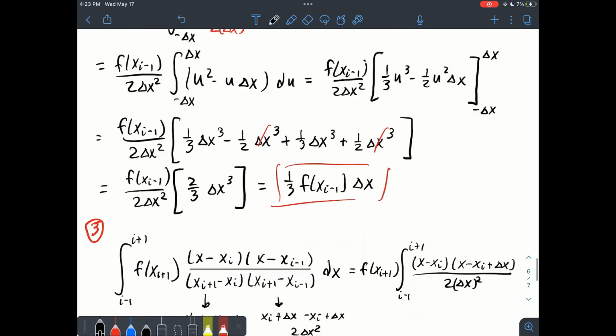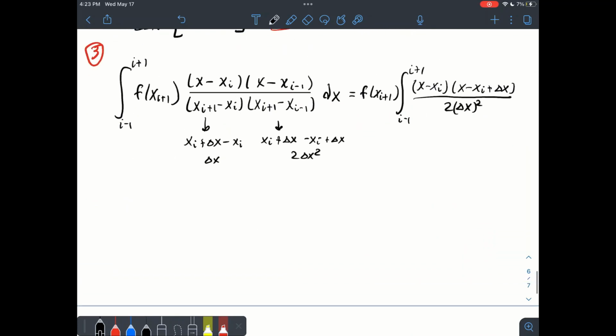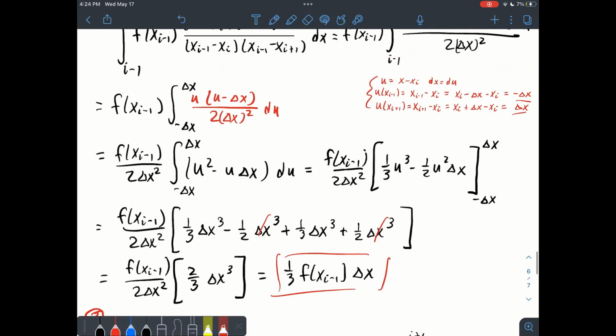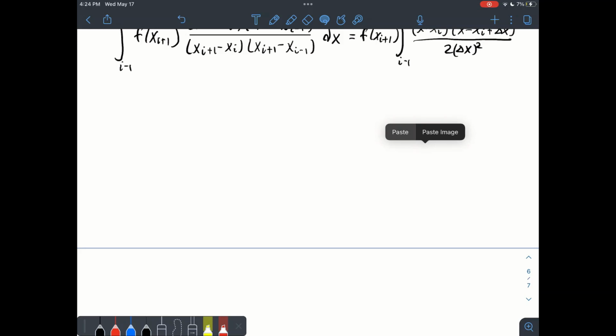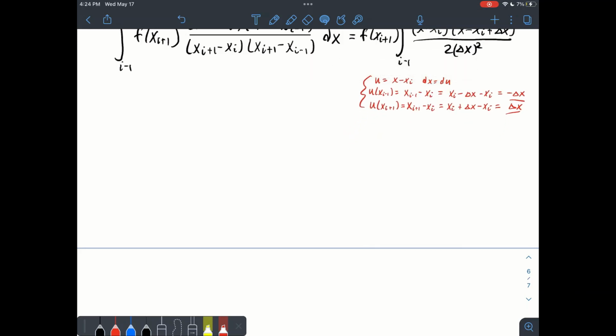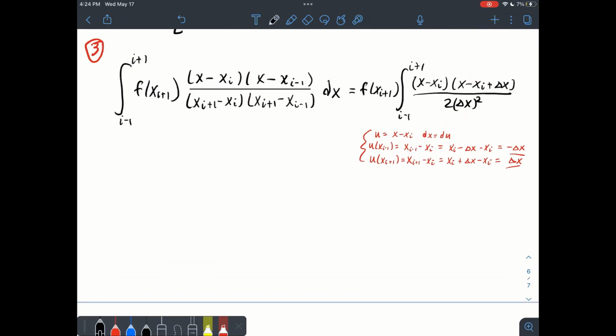Okay, so we have this. We're gonna do this again, and let's bring back down our u sub. Okay, here we are. So now let's substitute once again. We're gonna have f of xi plus 1 over 2 delta x squared times the integral from negative delta x.